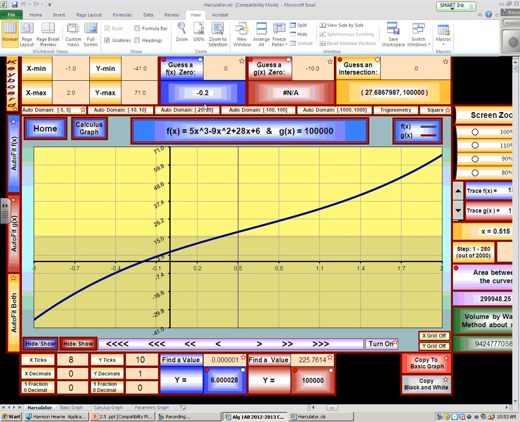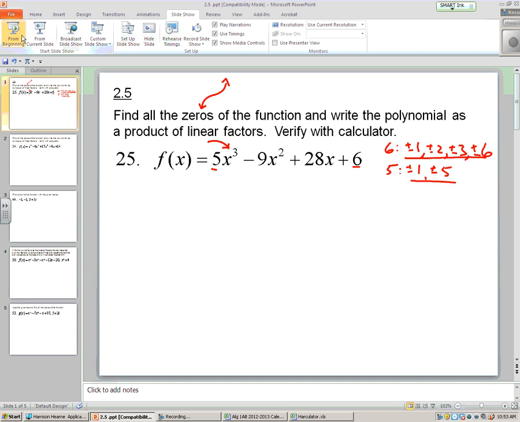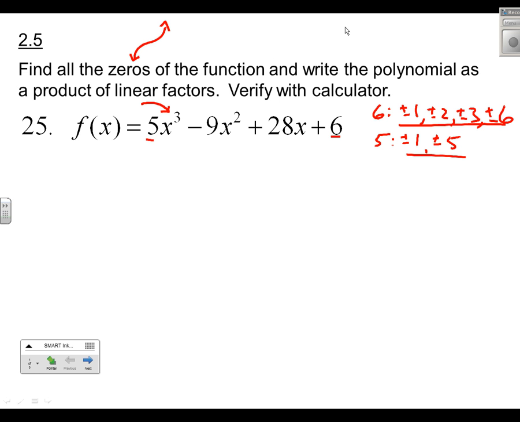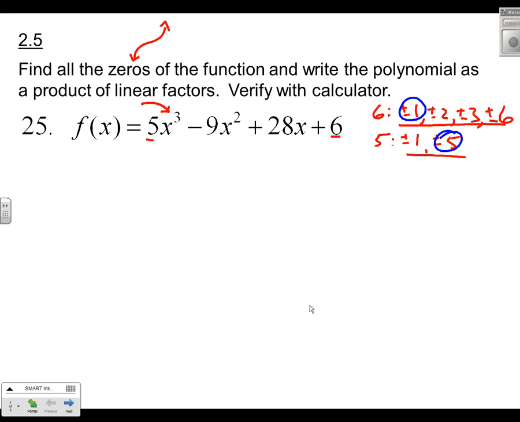So I'm going to synthetically divide by negative 1/5. Back to our current slide, notice negative 1/5 would have been one of my choices for a rational zero. So I'm going to be really clever, and I'm going to say, you know what? I'm feeling lucky today.